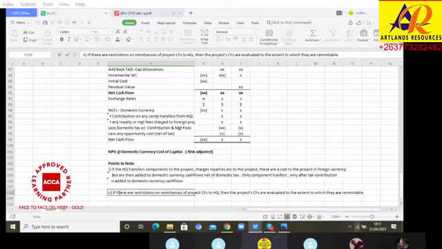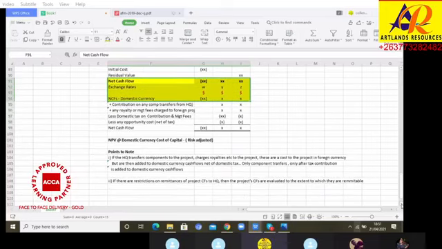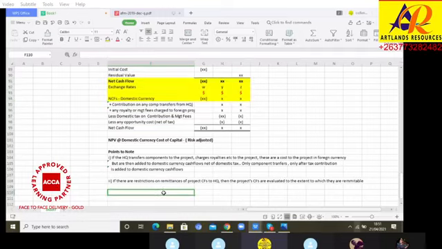They are remittable. That's the first, the most important thing here in this particular area, which I have illustrated in yellow, where whenever there are restrictions, in other words, you can't get all the cash flows to your mother country, to your parent country. So what do you do?